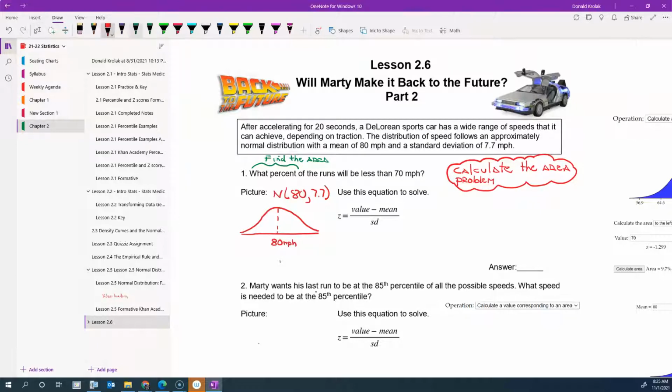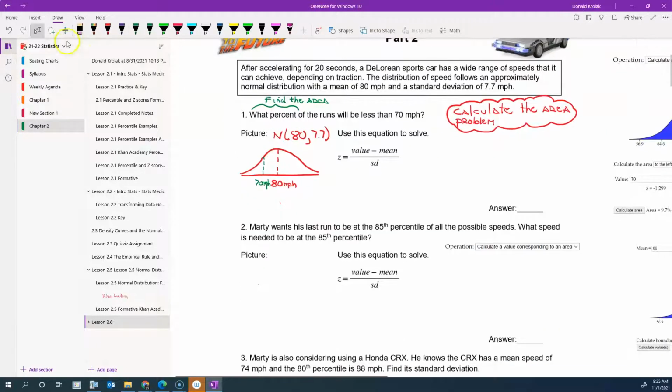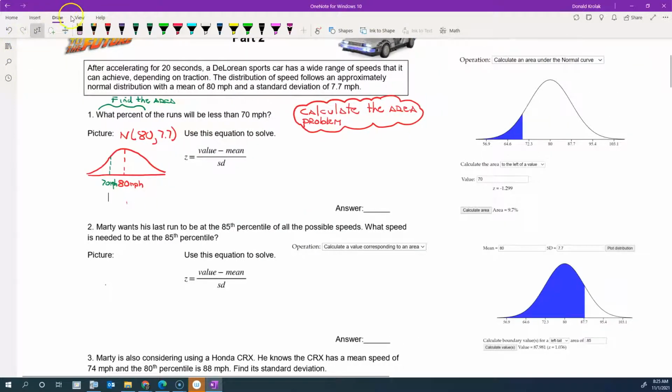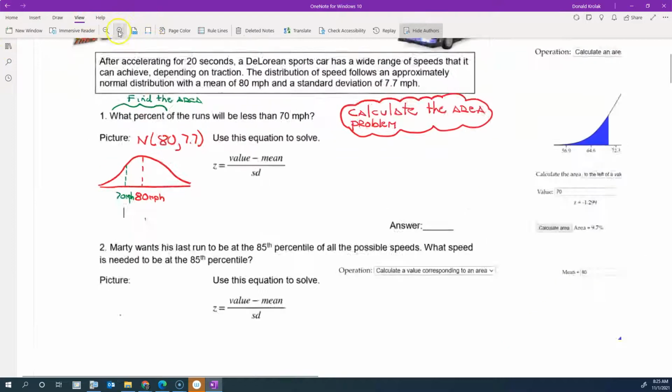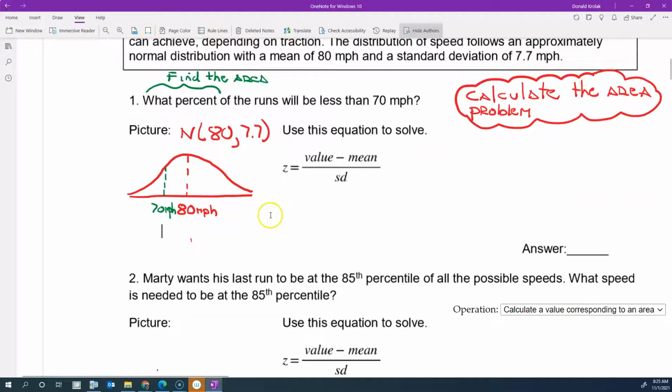We want the percent that is less than 70 miles per hour. So we want to find this shaded part.